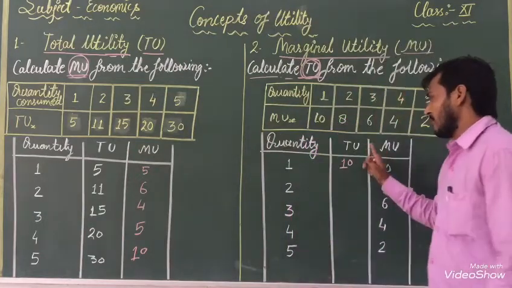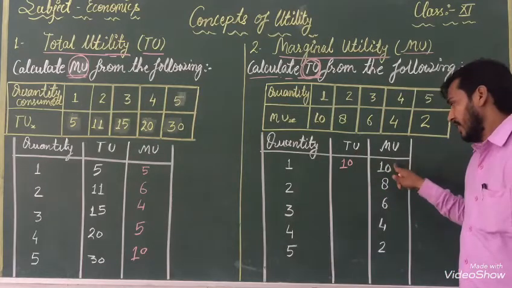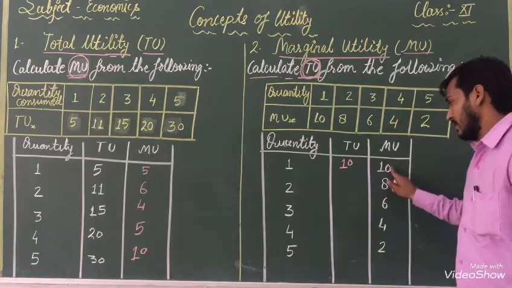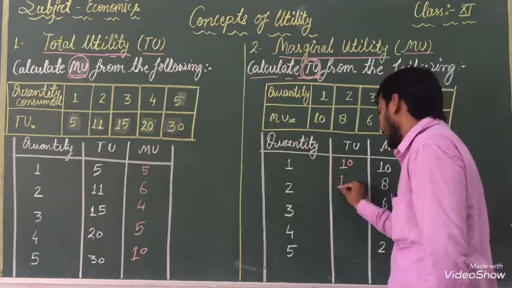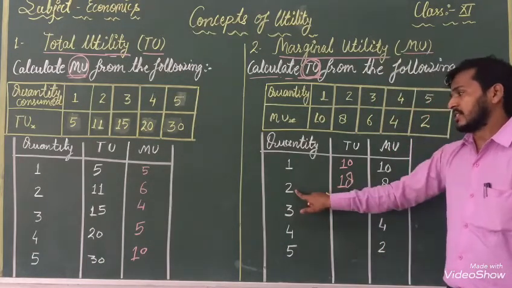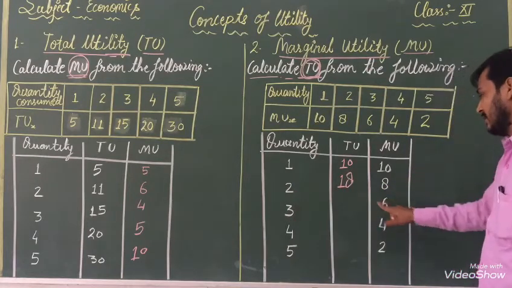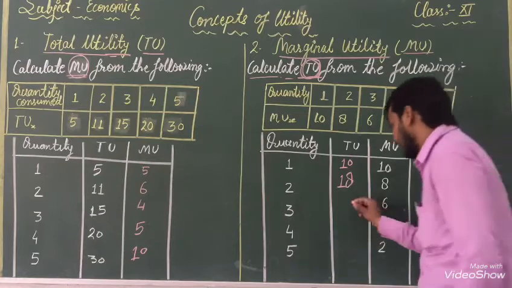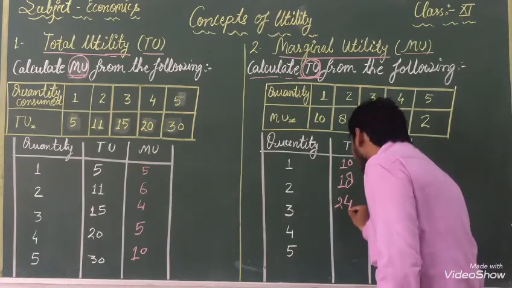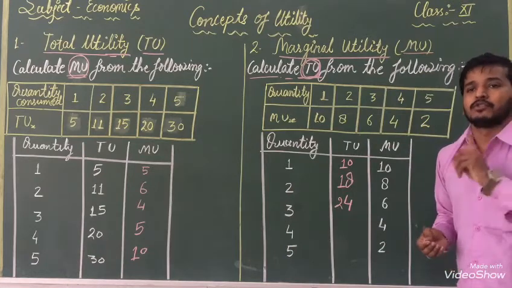But now, when we solve total utility, we will add. 10 and 8 should be 18. It is the total utility of the second quantity. Third quantity, 18 and 6, 24. According to that, you have to solve.